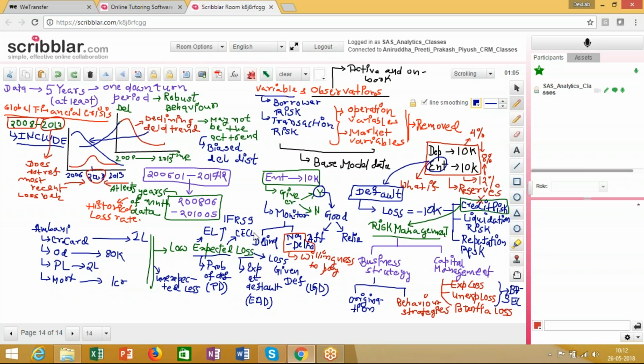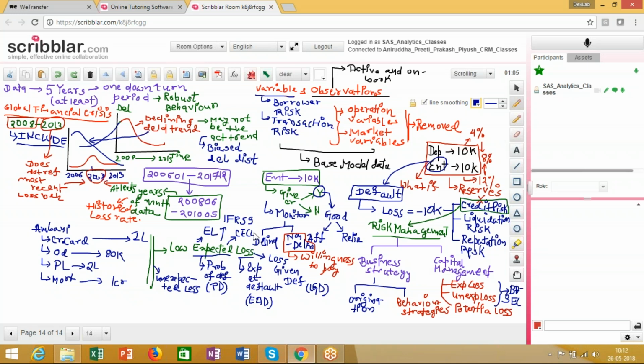So what are these three broad measures? The first measure that we talk about is the probability of default. What exactly is a Basel PD model? A Basel PD model is a model to compute the probability of default, a very simple model.